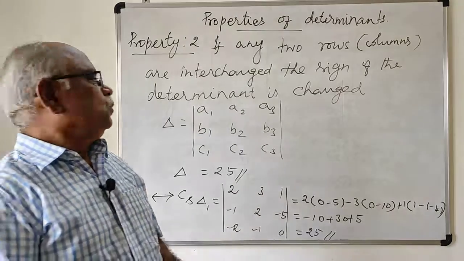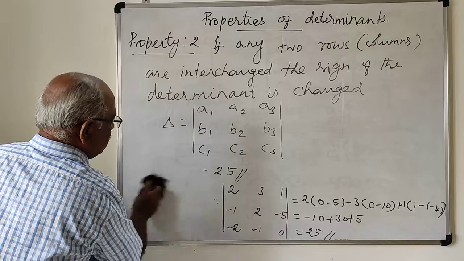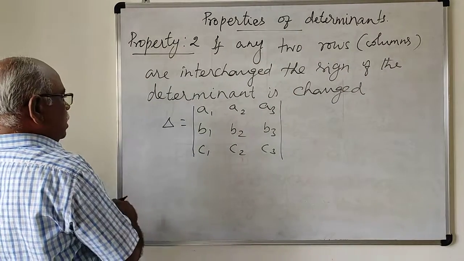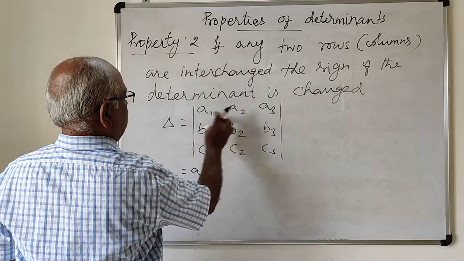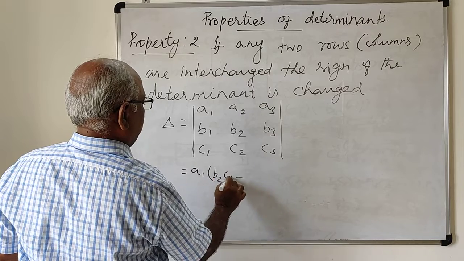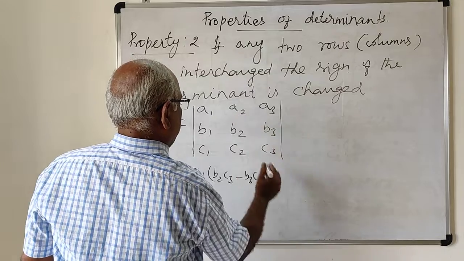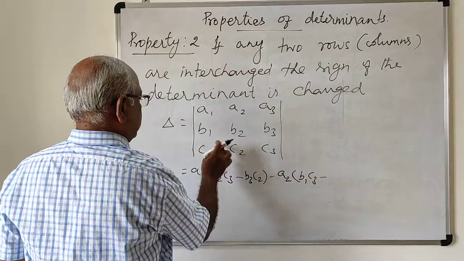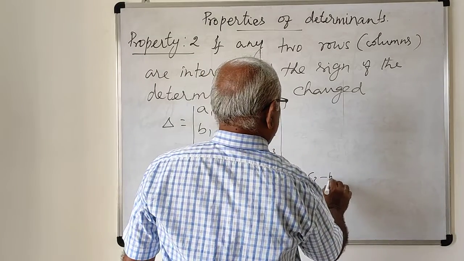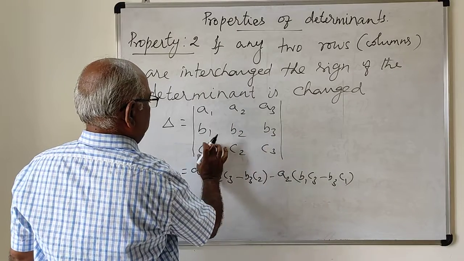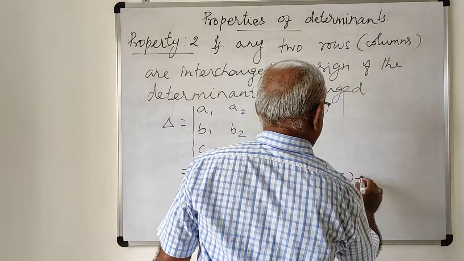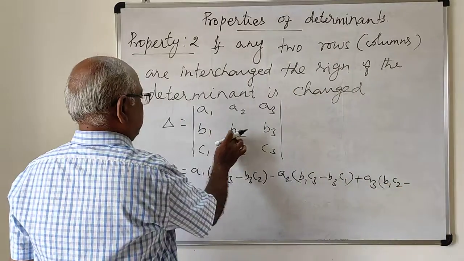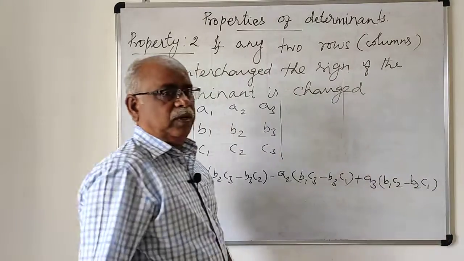This is your delta, and you know the expansion by using the first row: A1 into B2 C3 minus B3 C2, minus A2 into B1 C3 minus B3 C1, similarly plus A3 into B1 C2 minus B2 C1. This is your delta value.